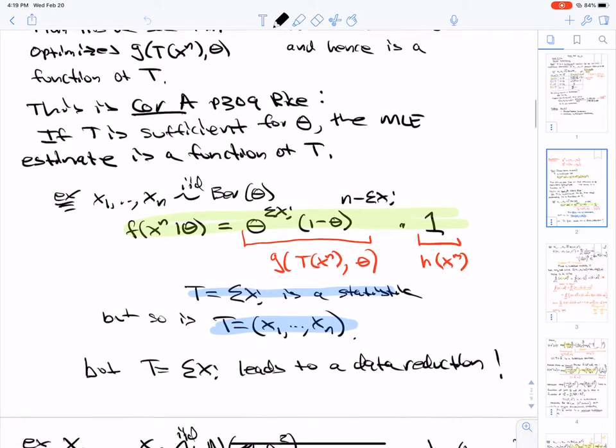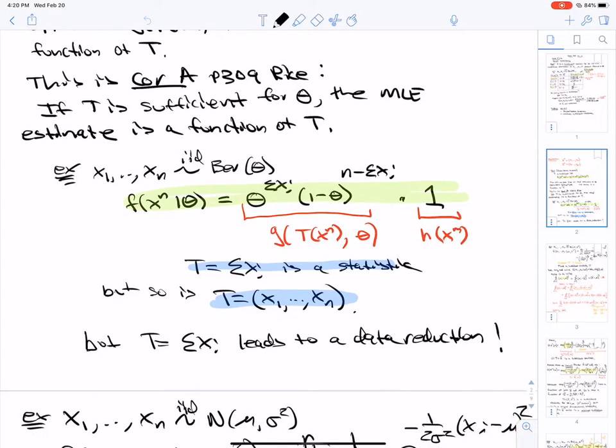So for example, if x1 to xn are IID Bernoulli, then we can factorize as shown here, and we see that T, the sum of xi, is a statistic. But of course x1 to xn is also a statistic, but clearly the sum of the xi is a much better statistic.